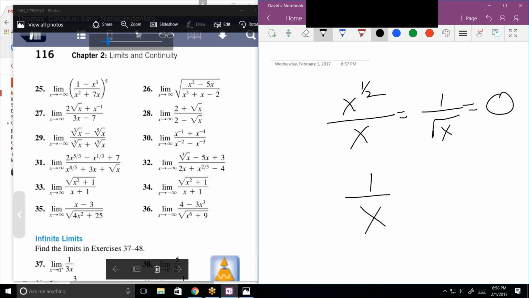What's the limit of that as x goes to infinity? Well, that gives me 1 over infinity, which is 0. Whenever the denominator goes to infinity and the numerator stays the same, the whole thing's going to 0, whether it's plus infinity or minus infinity. It's still going to go to 0. Okay. Okay. 28.